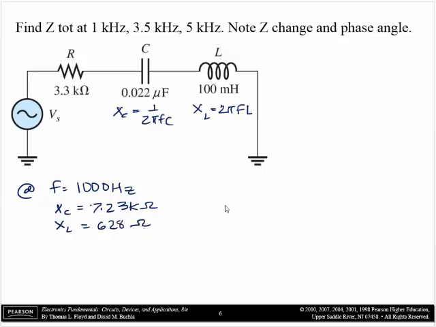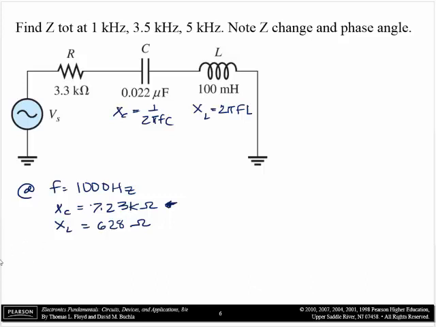Right now this is our lowest frequency. Is the circuit more inductive or capacitive? It's more capacitive because the capacitive reactance is larger. So it is behaving capacitively. At that particular frequency it behaves equivalently like an RC circuit only. It's almost like the inductance isn't even there, but it is there.